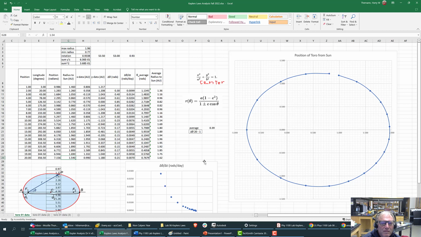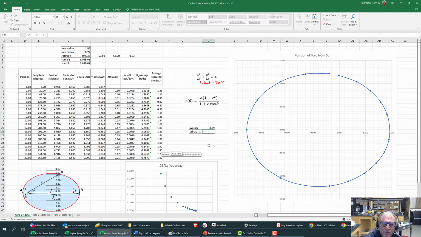Radians, all right, so I need to know the theta position at 20 minus 2 pi. Okay, I know what to do.